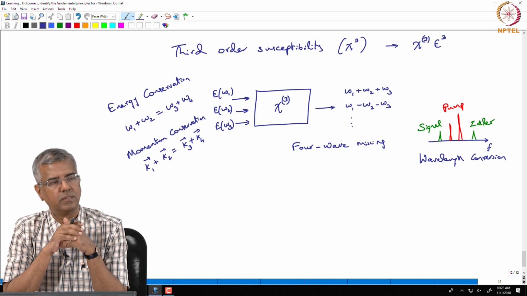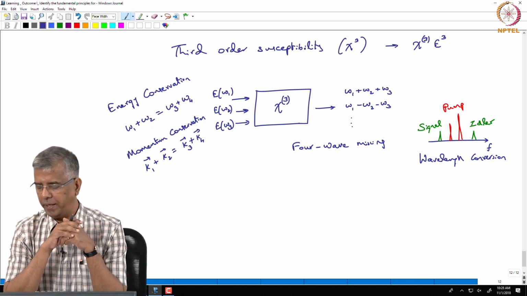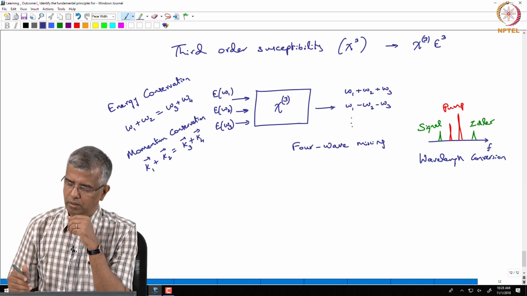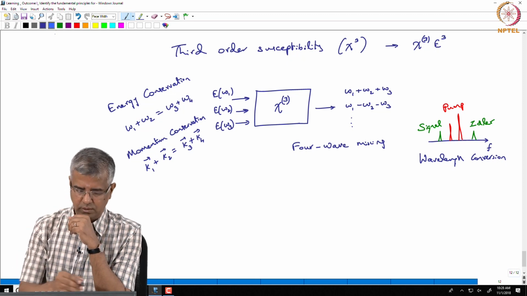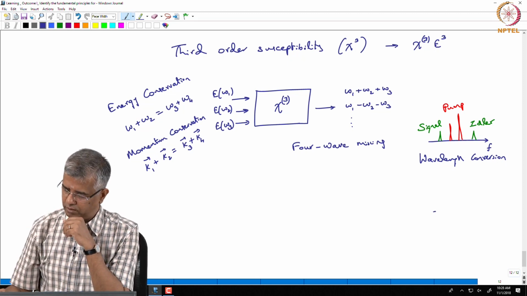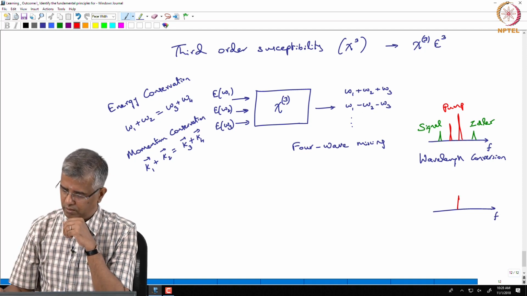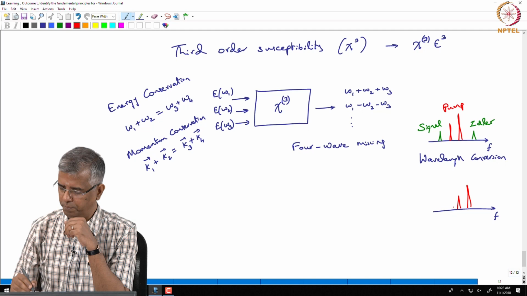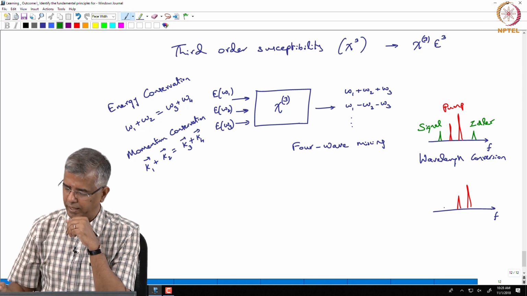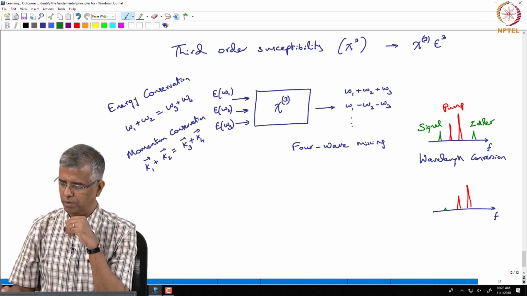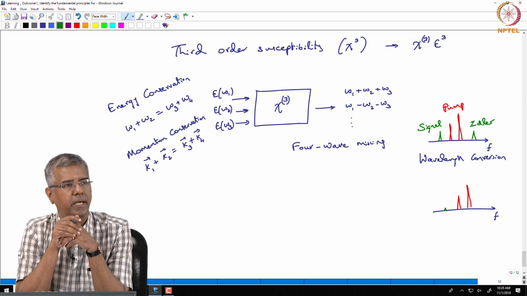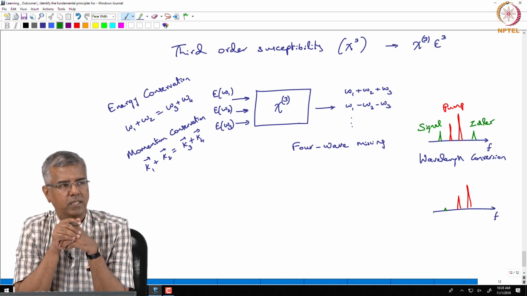Okay. You can actually build an amplifier with this. So I can start with something where, in terms of frequency, I still have my pump like this, and let us say I have a very small signal coming in and I want to amplify that signal.